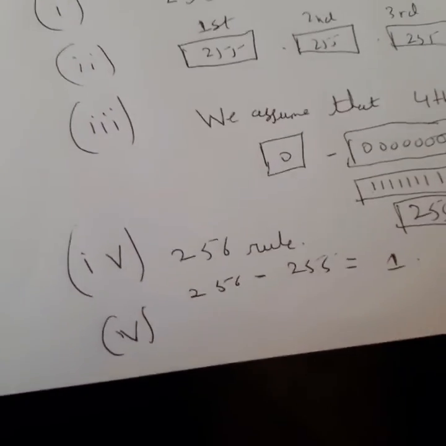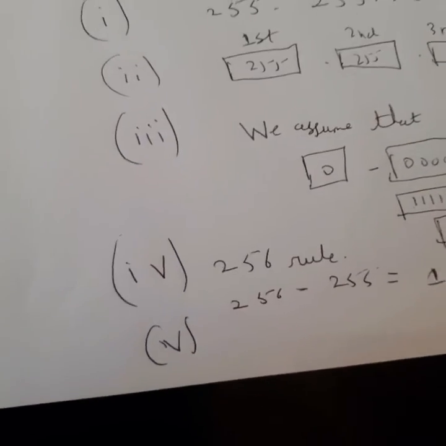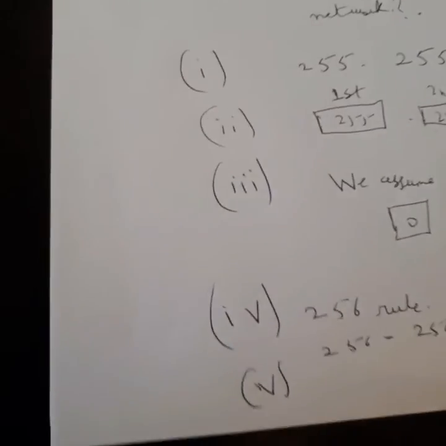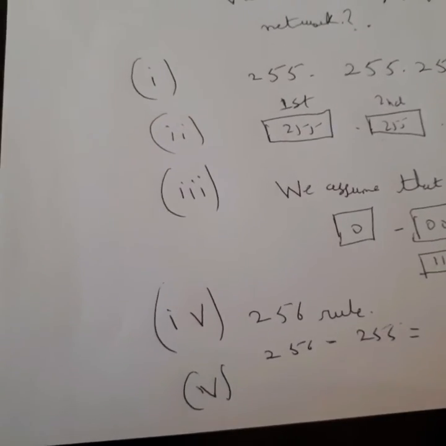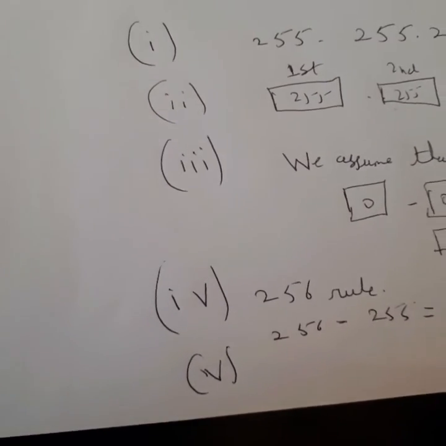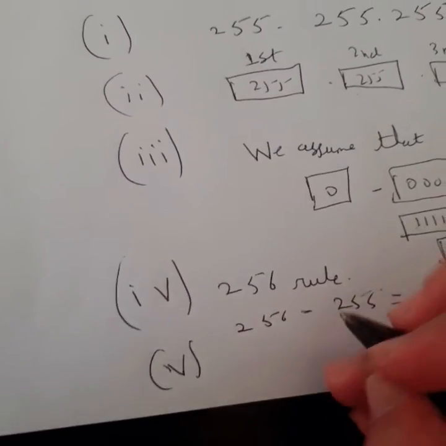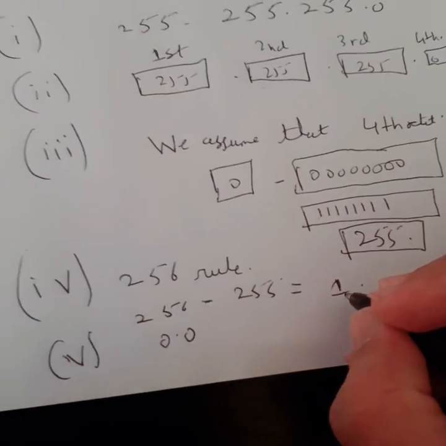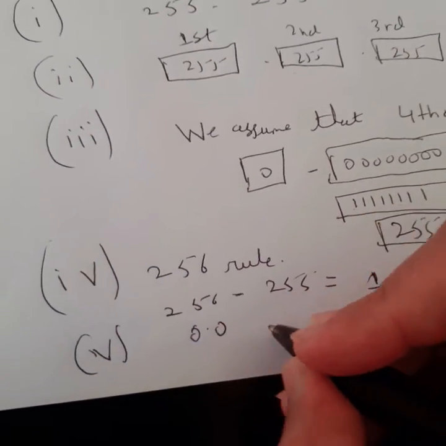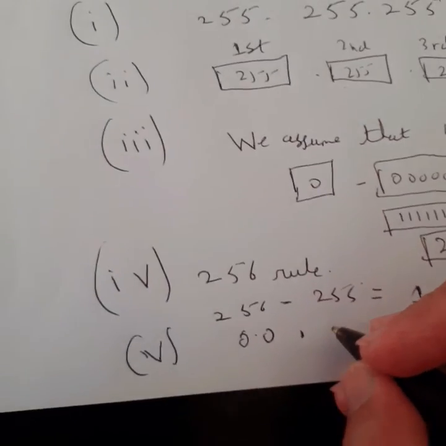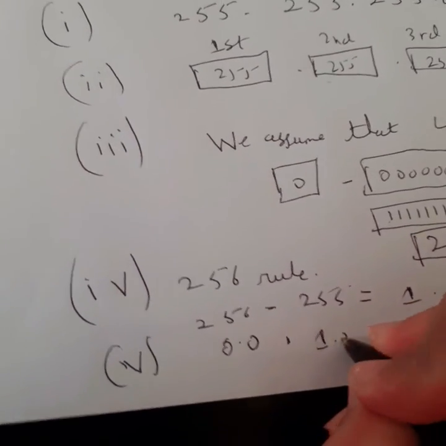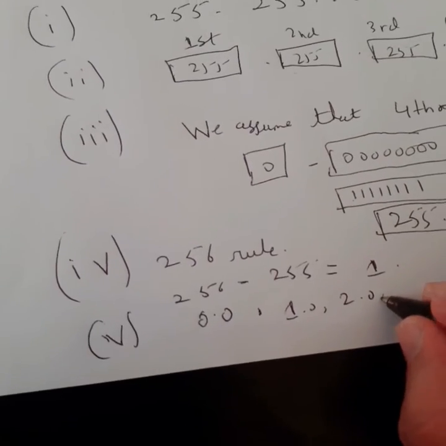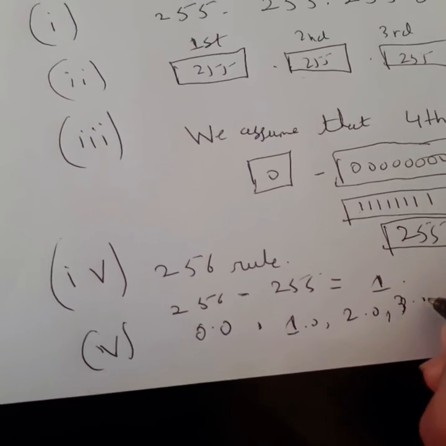Because it is a class B IP address, our ranges will be 0.0, and they will always start with 0, remember that. The next range is 1.0, then 2.0, and they go in sequence: 3.0, and so on.